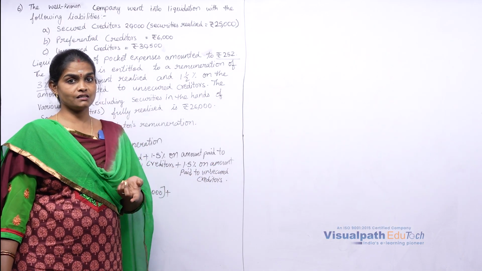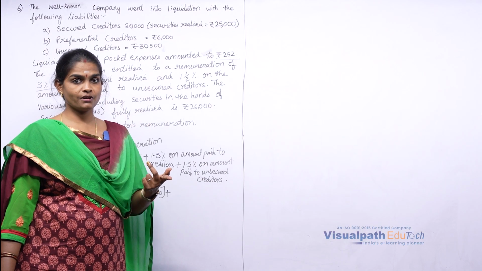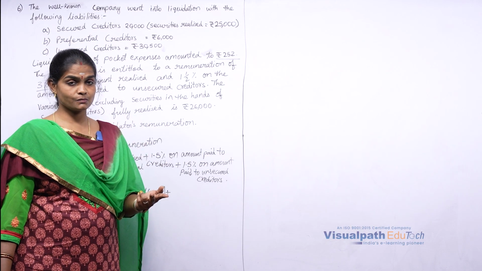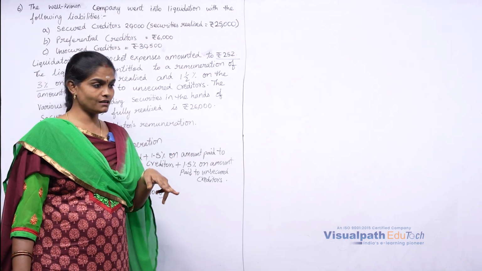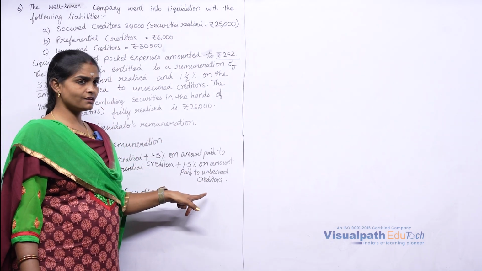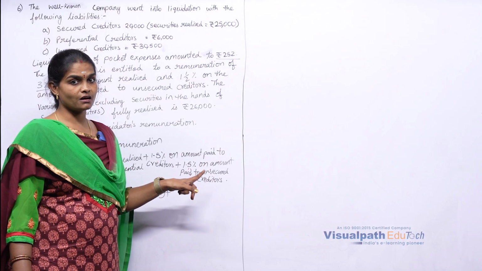Basically, to pay unsecured creditors, first we pay the liquidator's remuneration and expenses, and we clear off all the creditors, and finally we pay unsecured creditors depending upon the amount available with us.